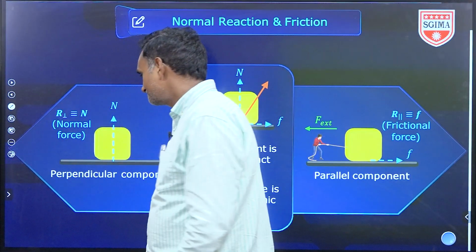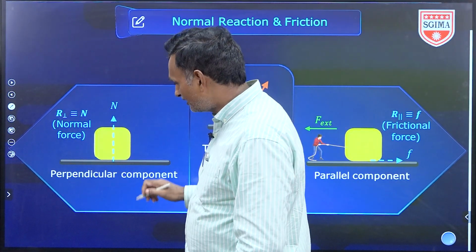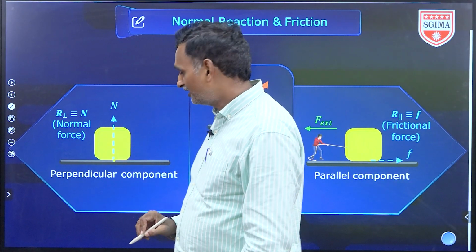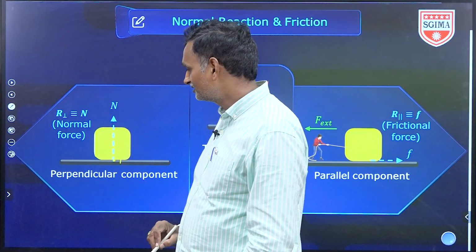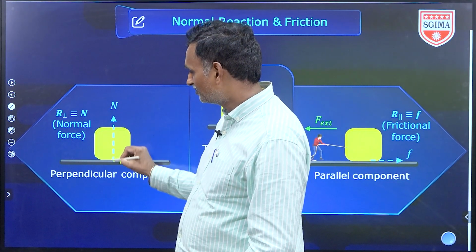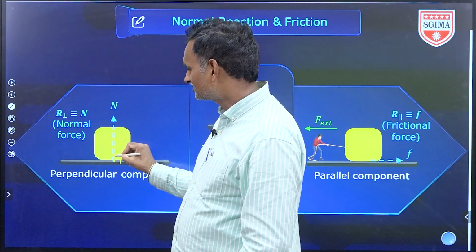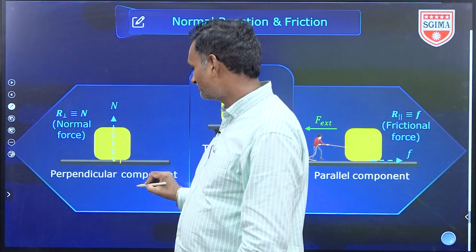Normal reaction here: whenever an object is placed on the ground, there is a point of contact, and for this point of contact the force should act perpendicular. So now we can take normal reaction in the upward direction. This is the counter reaction force by the table or ground, always perpendicular.